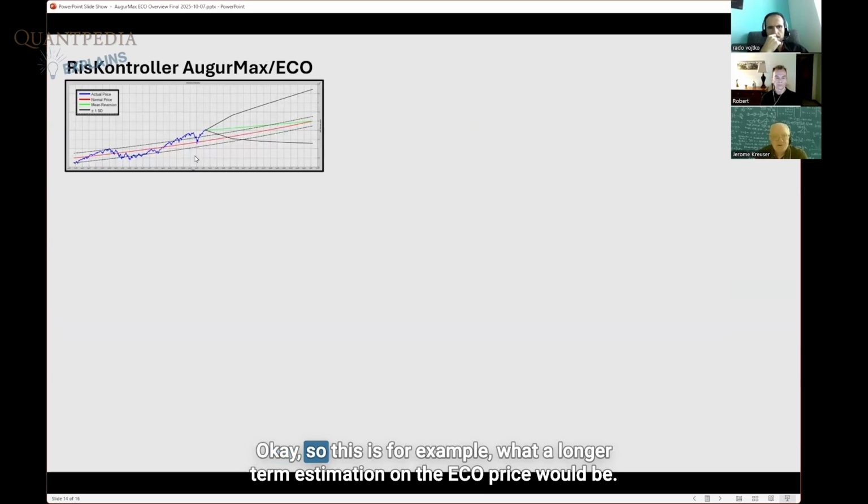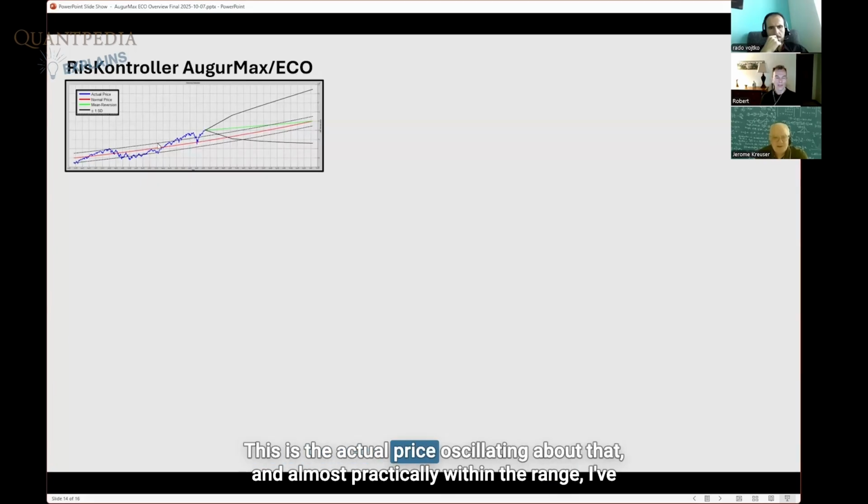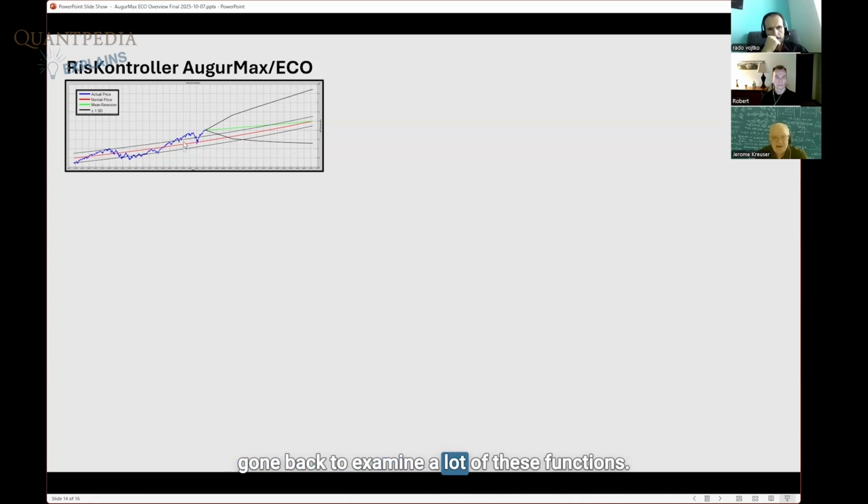Echo. So this is, for example, what a longer-term estimation on the Echo price would be. You can see the red is a continuing normal price, and this is the actual price oscillating about that, almost practically within the range. I've gone back to examine a lot of these functions.